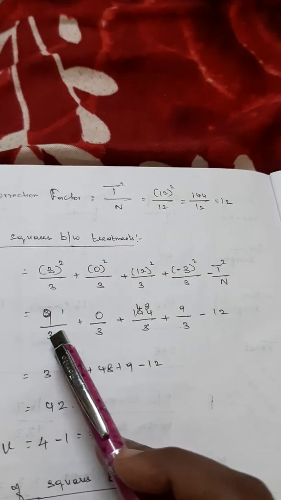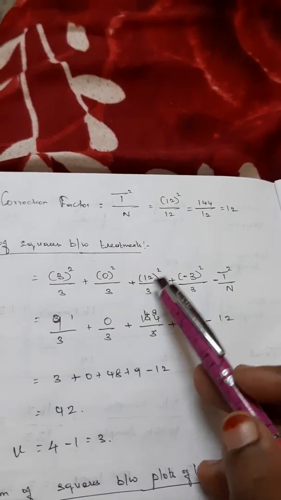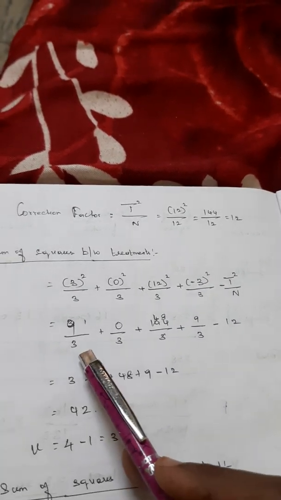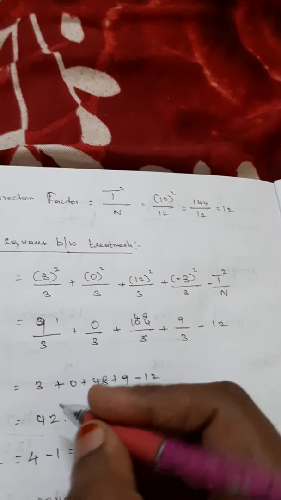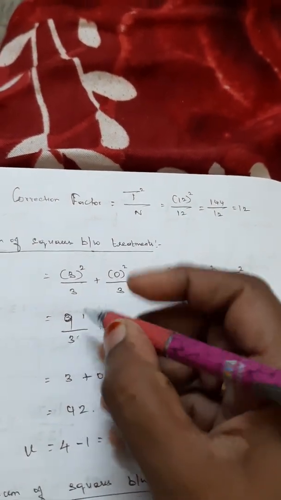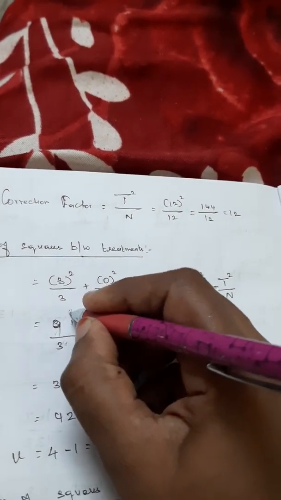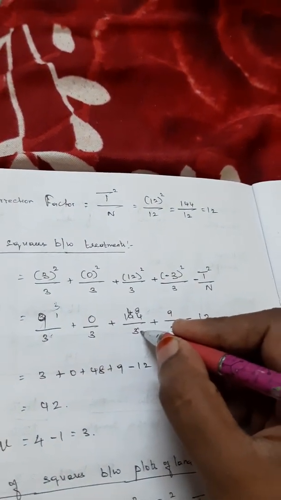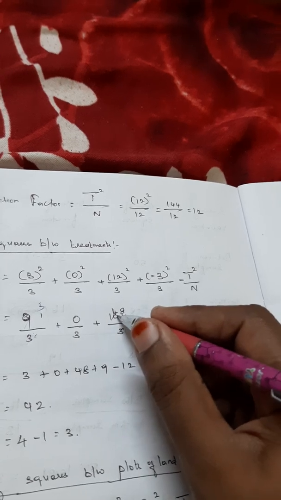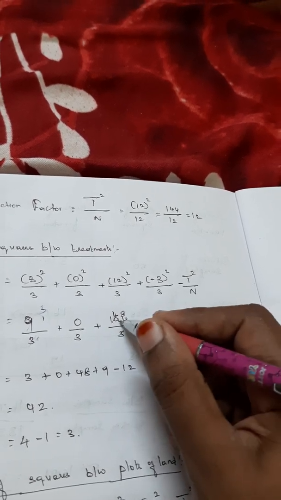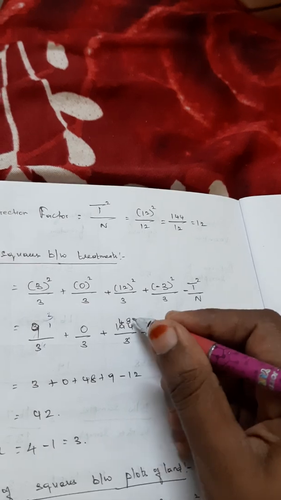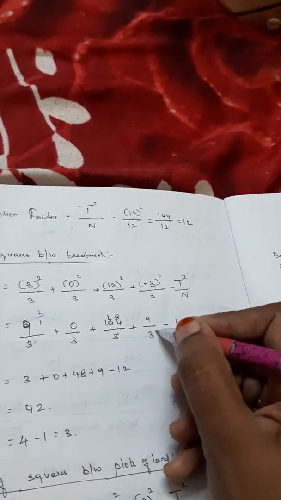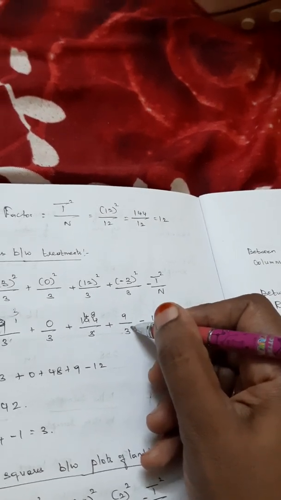That is 9 by 3, 0 by 3, 144 by 3, 9 by 3, minus 12. 9 by 3 is 3, 0 is 0, 144 by 3 is 48, and 9 by 3 is 3.